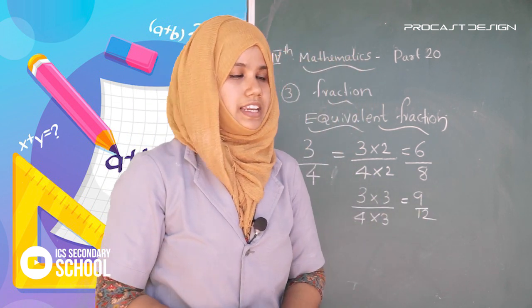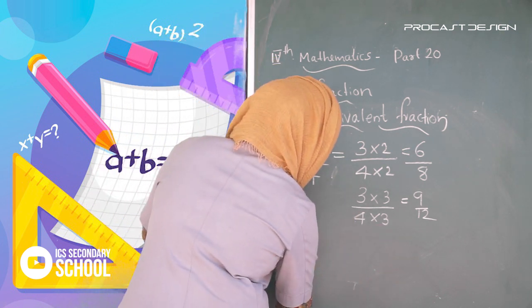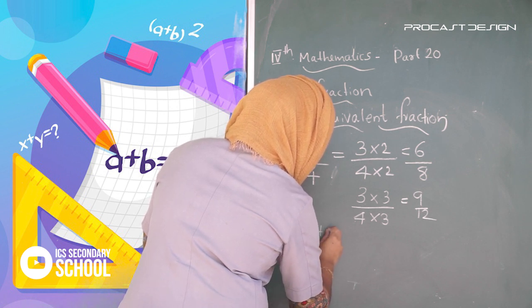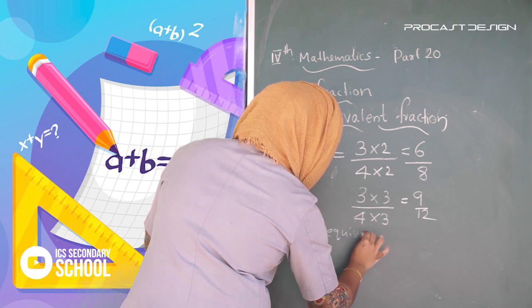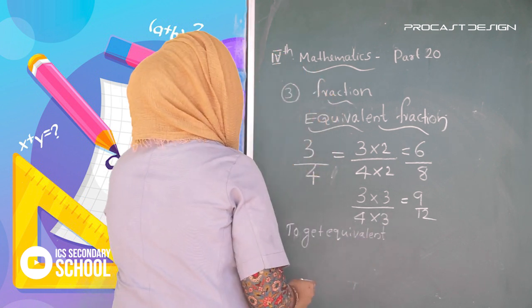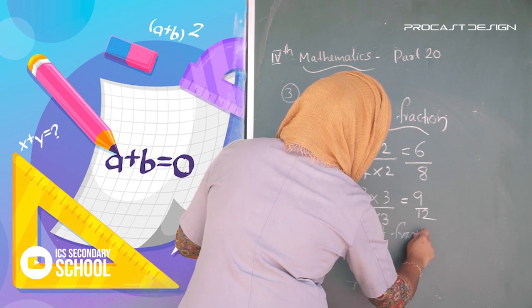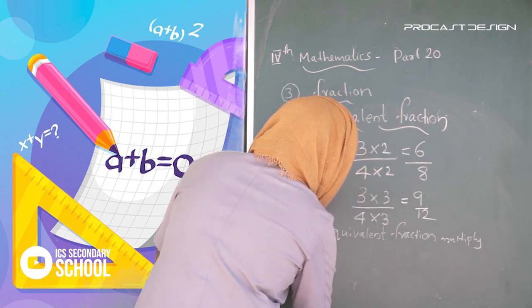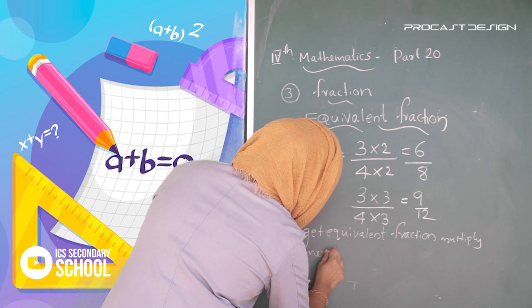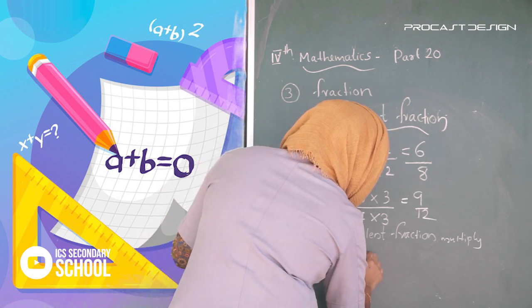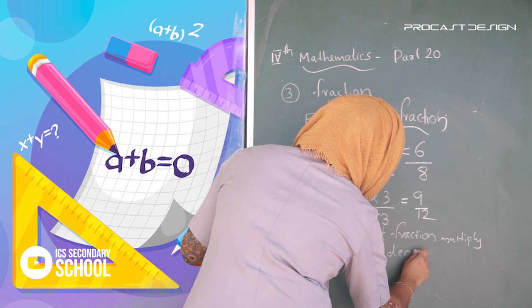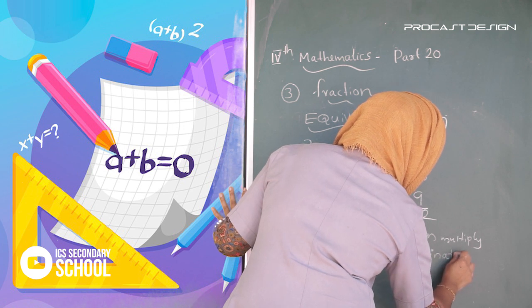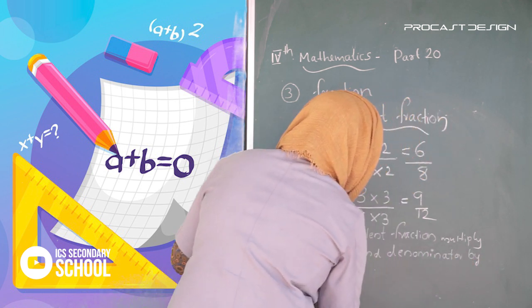Next we can multiply by any number. So equivalent fraction means multiply the numerator and denominator by the same number.